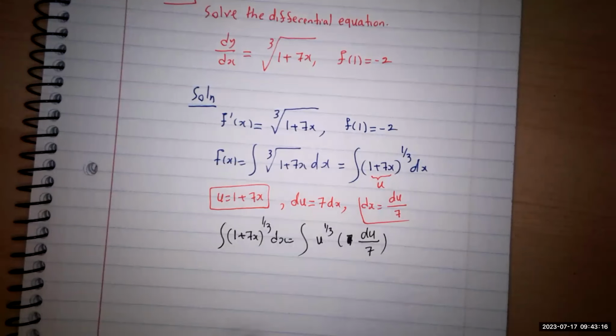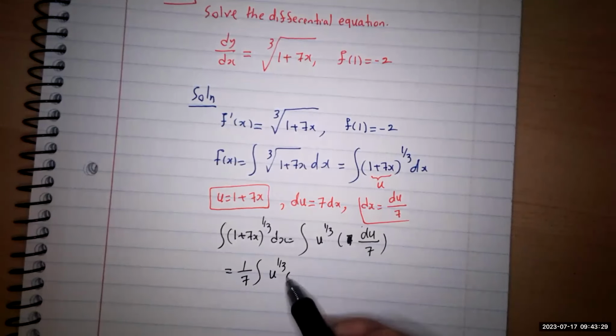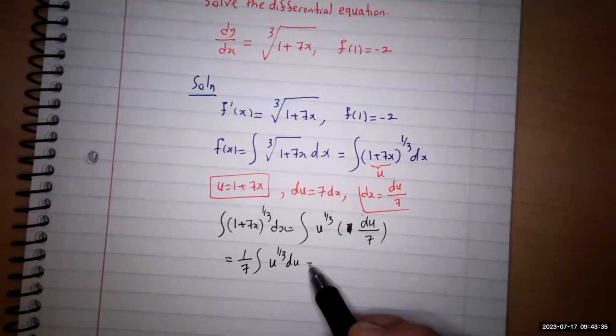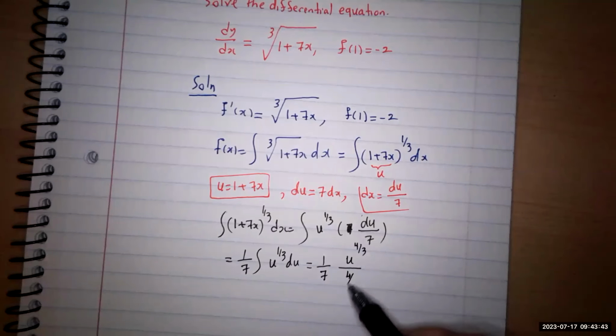There is a 7 here that we cannot simplify, so we pull the 1/7 out. That gives 1/7 integral of u to the 1/3 du. Now we integrate it: 1/3 plus 1 would be 4/3, so that gives me 1/7 times u to the 4/3 over 4/3 plus the constant.